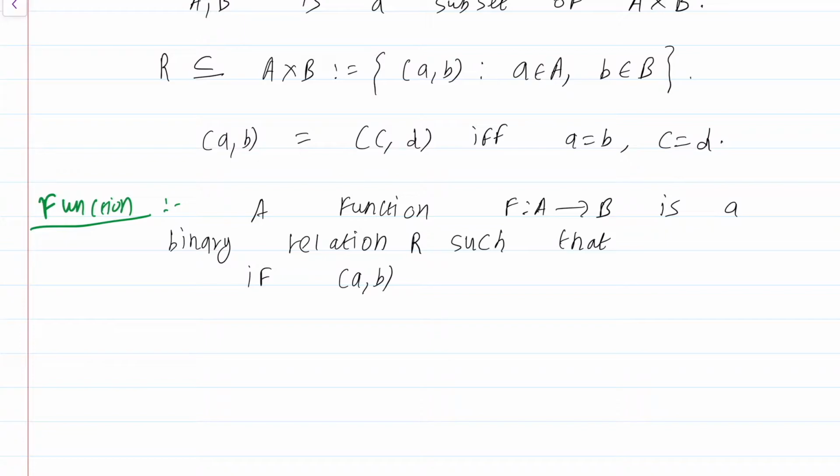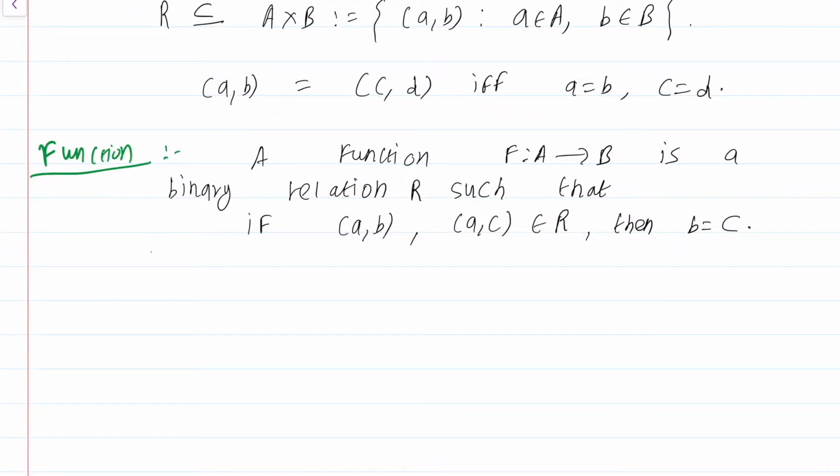It's a subset of A cross B. So a function f from A to B is a binary relation R such that if (a, b) and (a, c) are both in R, then b is equal to c.